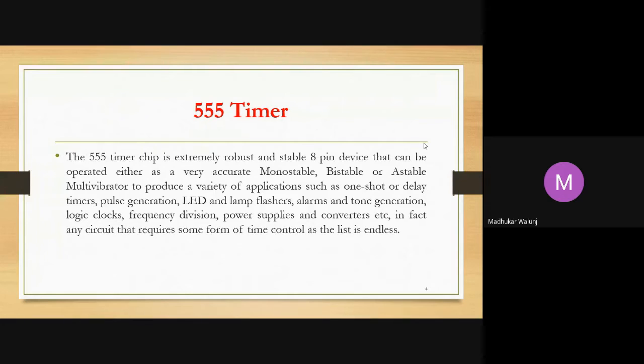If you require some form of time control, this 555 timer can provide it. It comes as a stable 8-pin device that can be operated as a very accurate monostable, bistable, or astable multivibrator. We are going to see one by one how the monostable circuit will be, how the bistable, and how the astable multivibrator circuit will be.